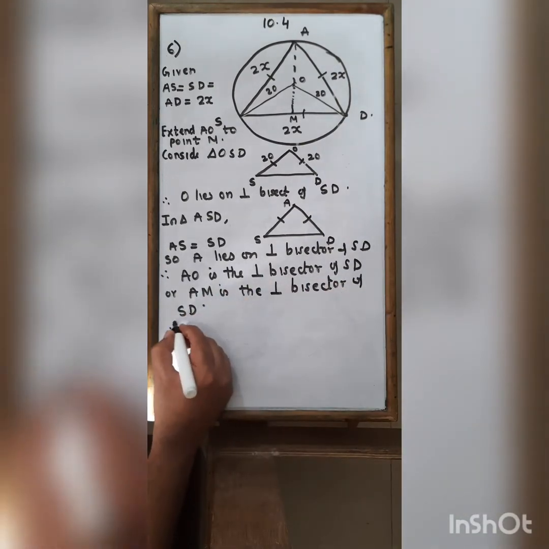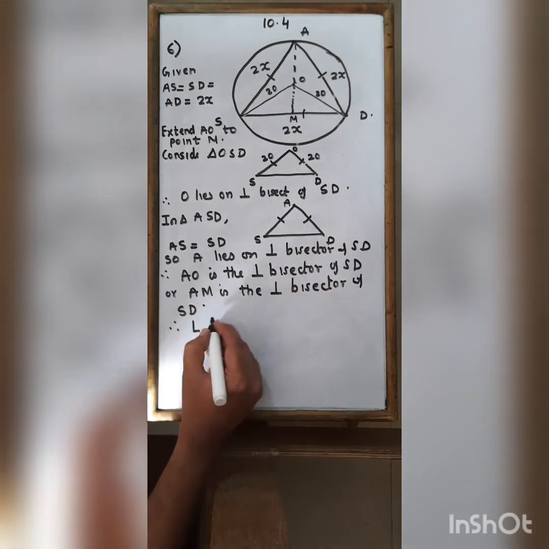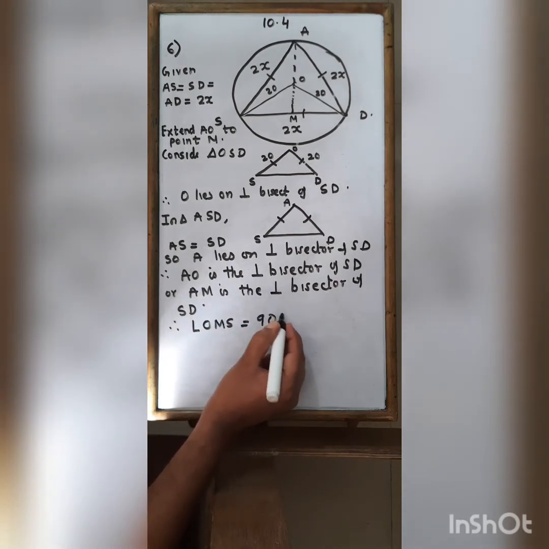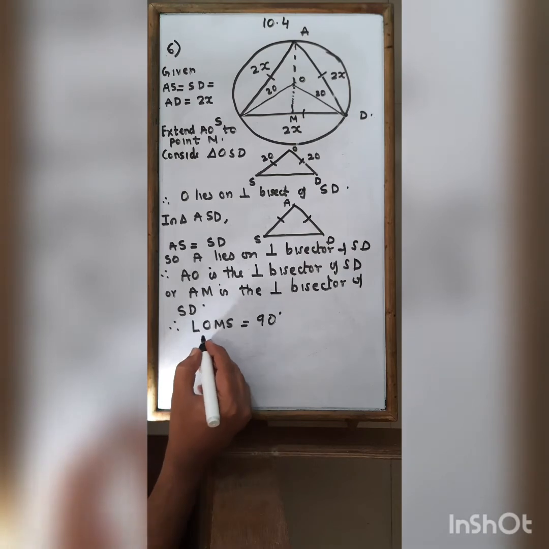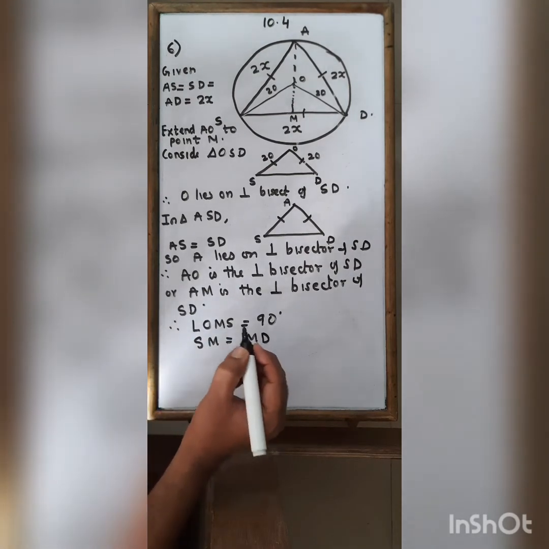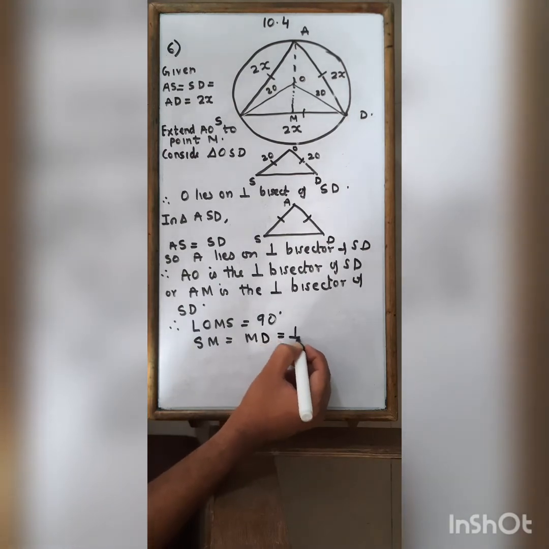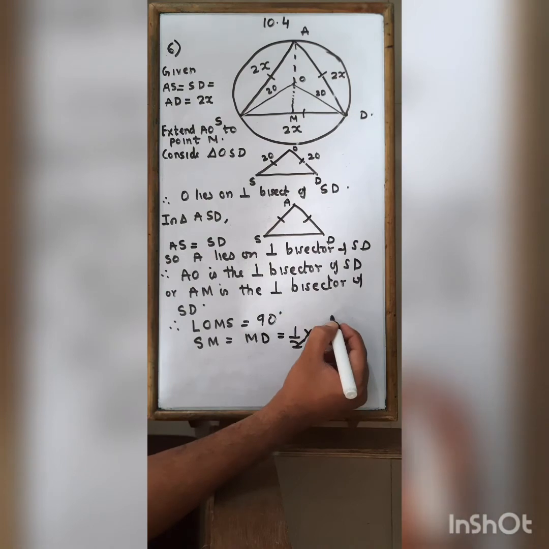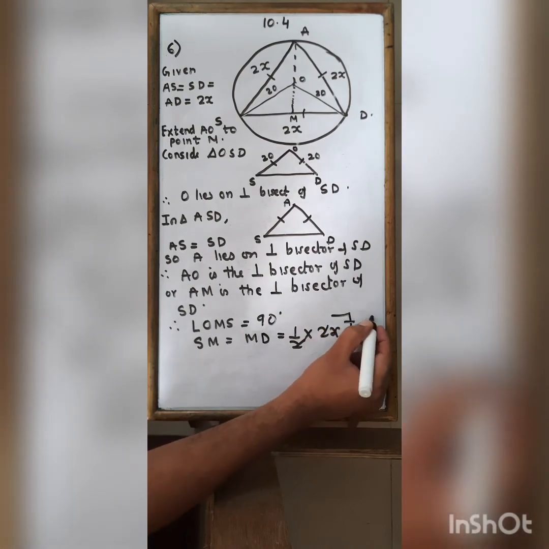So therefore I can say angle OMS is equal to 90 degrees and SM is equal to MD is equal to half into 2x. So you get cancel this. So this property I will write as equation 1.